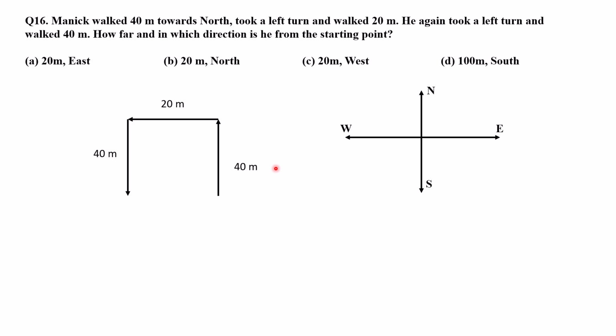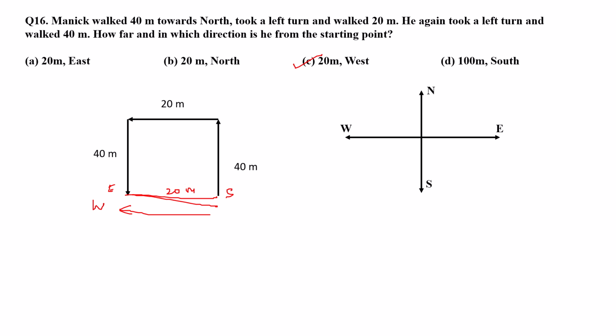Again he took a left turn and walked 40 meter. So now you have to find how far is he from the starting point first. Now this is your starting point, this is your ending point, isn't it? Now this distance is 20 meter. And which direction is he from the starting point? So from the starting point he is towards this direction, and this is your west direction. So answer is C option. Okay, so the correct option over here is C.